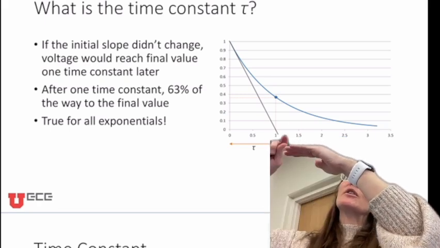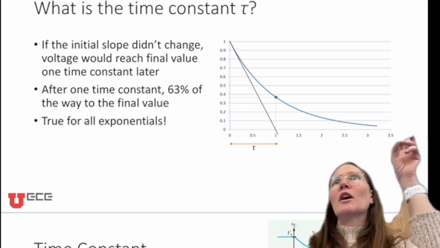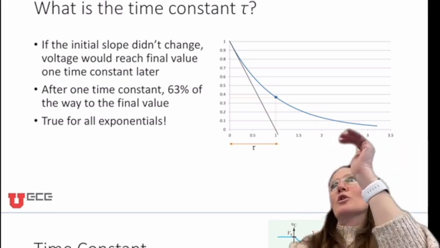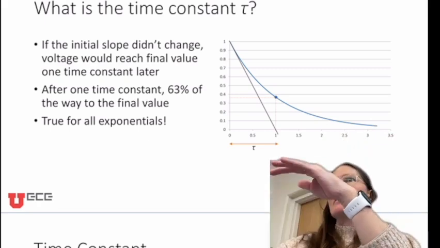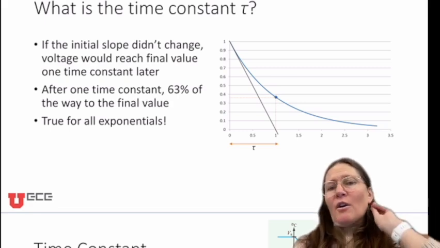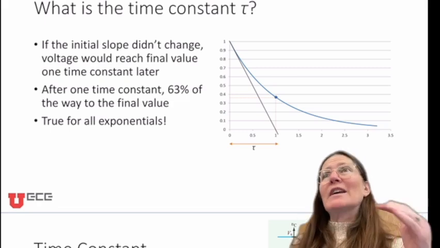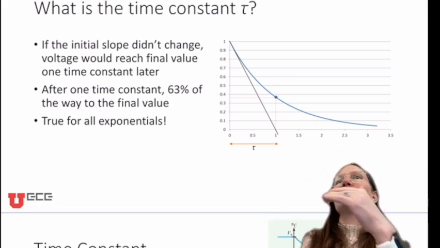where you'll say, once I reach 90% of the final value, I'm on or I'm fully charged, or 10% at the bottom where I've discharged or I'm almost off. For the time constant, it's at 63% that we say it's actually charged or discharged.